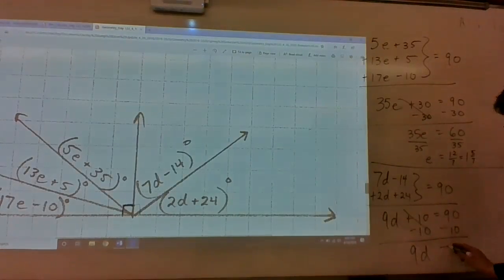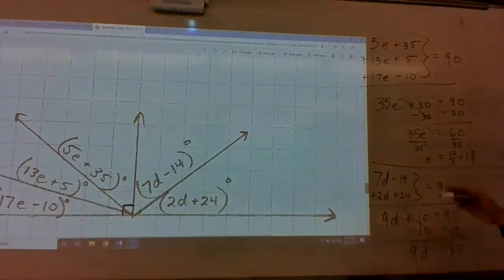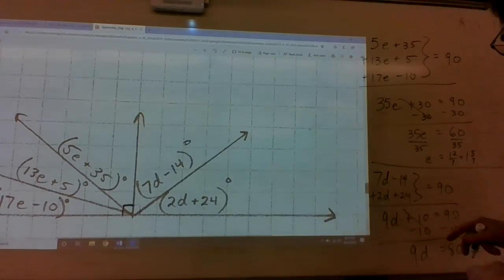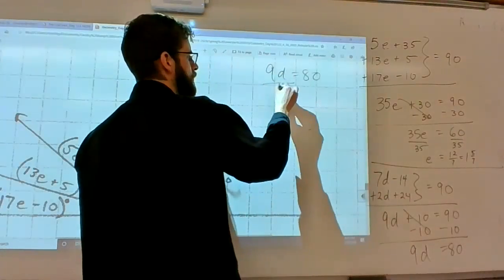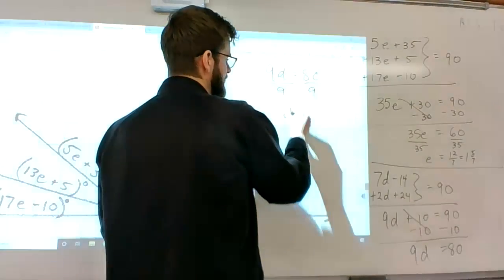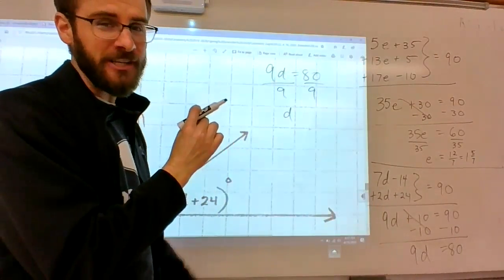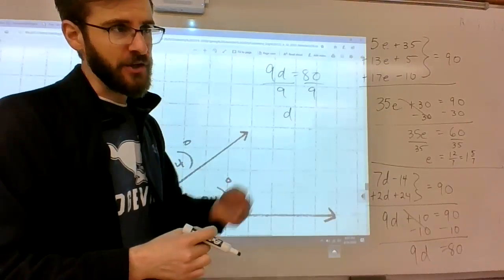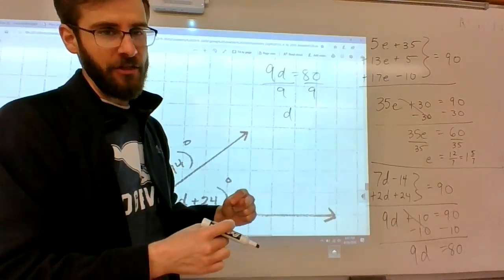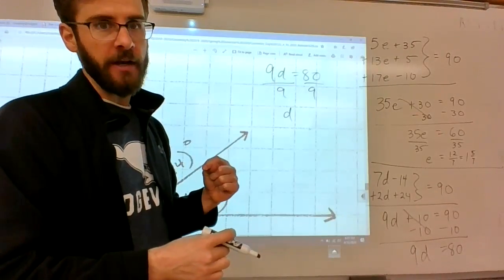You can still see it. So 9D equals 80. It's so close to 81 divided by 9. 81 divided by 9 is 9. So it's 1/9 away from 81 divided by 9.